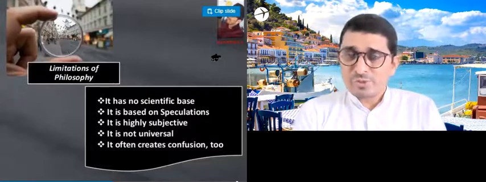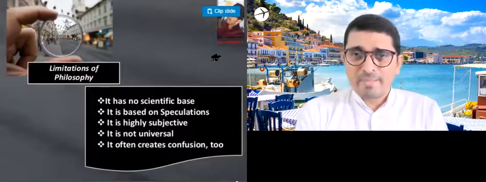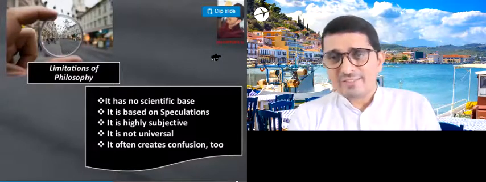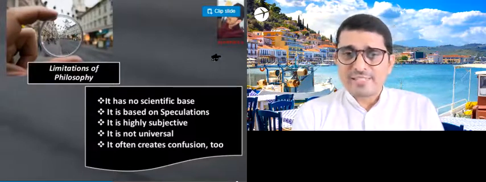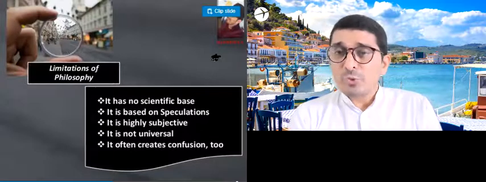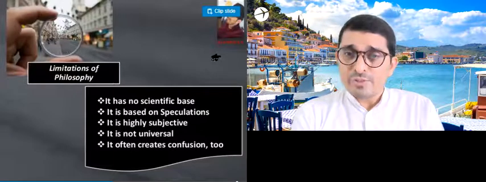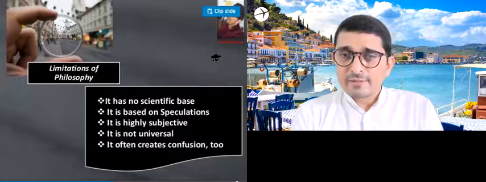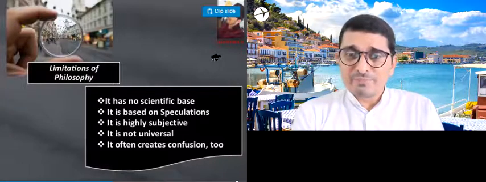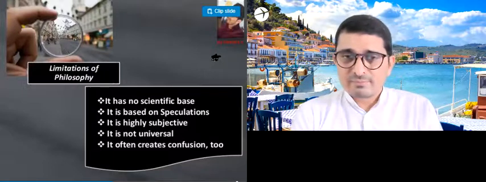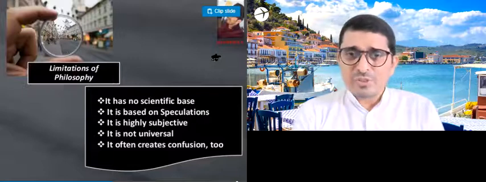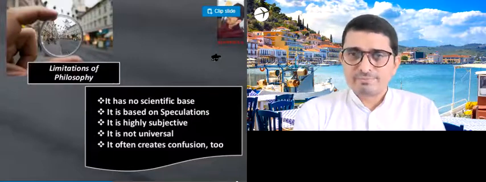Because philosophy is vision of life, and this vision of life hasn't got any scientific base. You are not creating your vision of life on the basis of some scientific facts. You are creating your philosophy on the basis of some speculations.